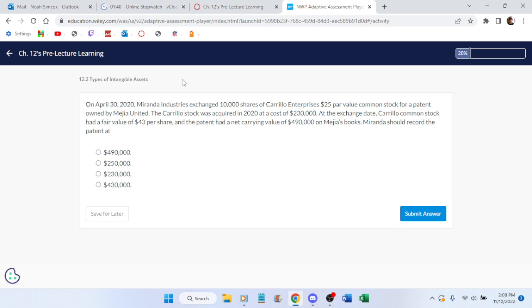So it's going to be the fair value, I believe. So it's going to be like $43,000, right?